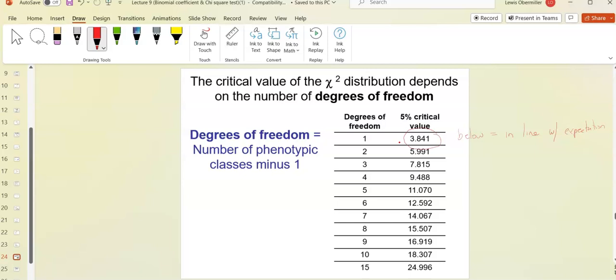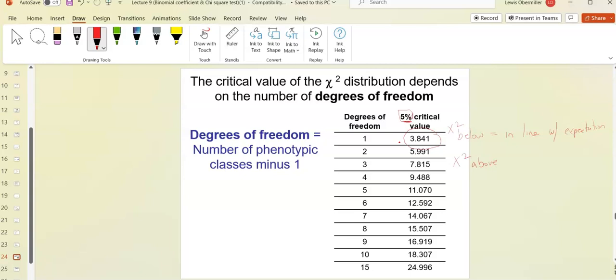If our calculated chi-square is above our critical value at 5%, which is the cutoff that scientists use, then something is off. There are going to be some outliers, right? But for the most part, this is good enough.